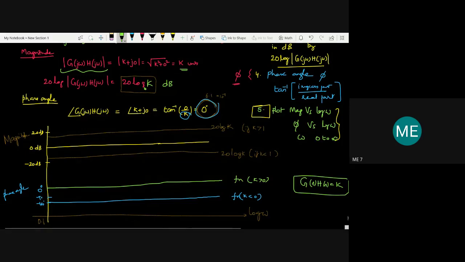Now we'll go to the second factor which we have discussed, that is the standard factor 2.